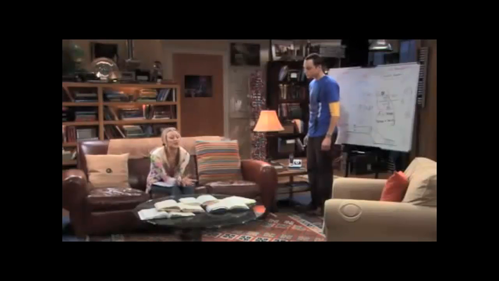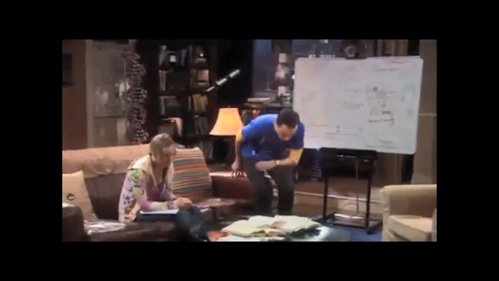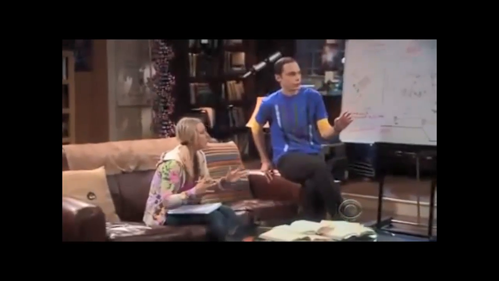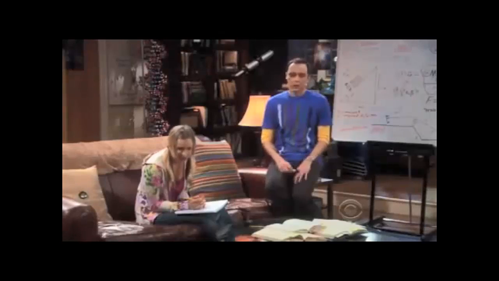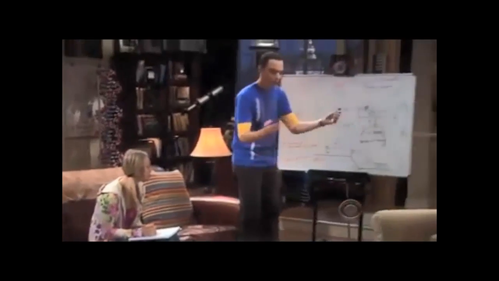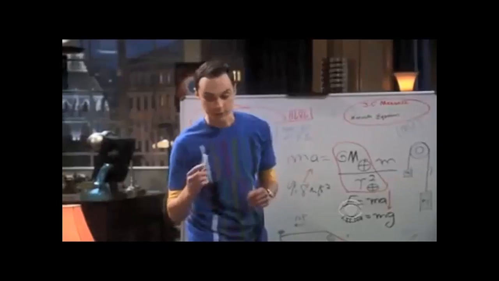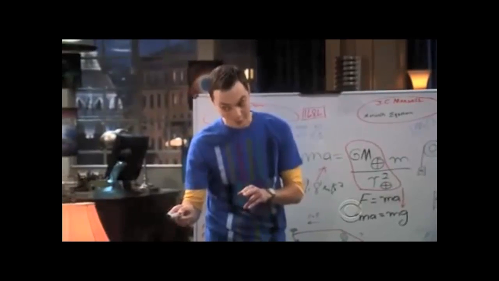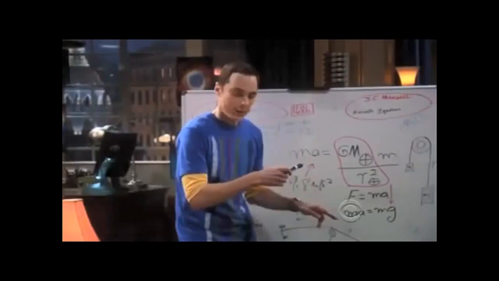Sheldon, I'm trying to understand, but you're going too fast. Can you just back up a little bit? All right. It's a warm summer evening in ancient Greece. Not that far back. Okay. At what point did you begin to feel lost? I don't know. Where were we looking up at the night sky? Greece. Damn it! Look, there's no need to get frustrated. People learn at different rates. Unlike objects falling in a vacuum, which... ma equals mg... Squared? No. Aristotle? No. 5?